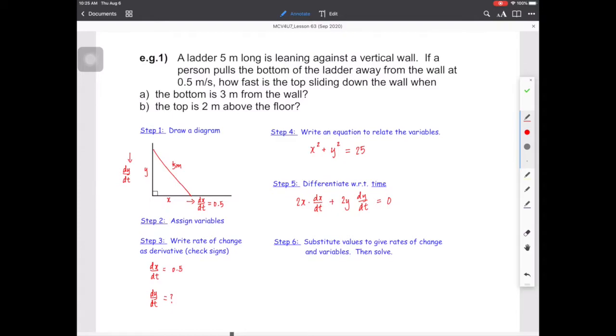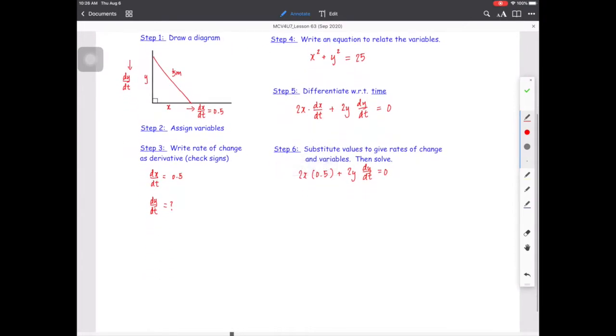One thing that we can include in the equation is that dx by dt we know is 0.5. So let's multiply this. This is still 2y dy by dt equals 0. So I have x plus 2y dy by dt equals 0.